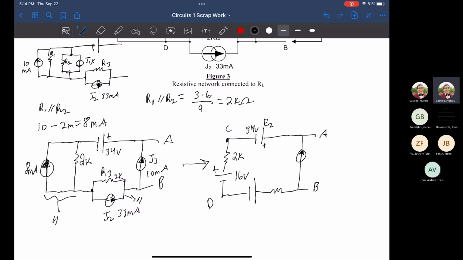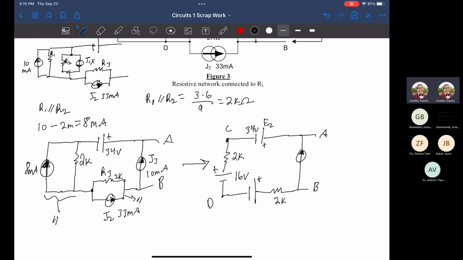Here we go. So from here, again, we just need to go ahead and combine these, see what we can do. This is also 2K there, 2K there. This bottom one, well, let's figure it out.